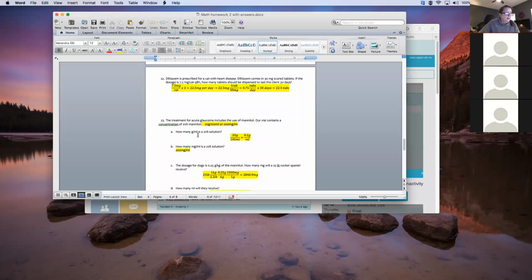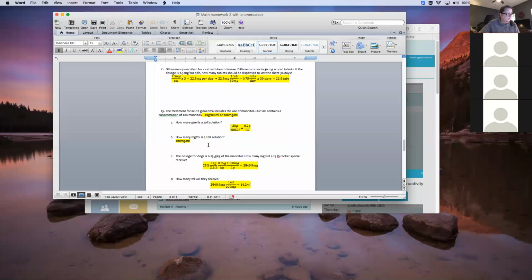So how many grams per mil? 20 grams per 100 mils. All you have to do is divide by 100. That gives you 0.2 grams. If I want to say how many mgs per mil it is, then I have to convert grams to milligrams, and you multiply by 1,000.